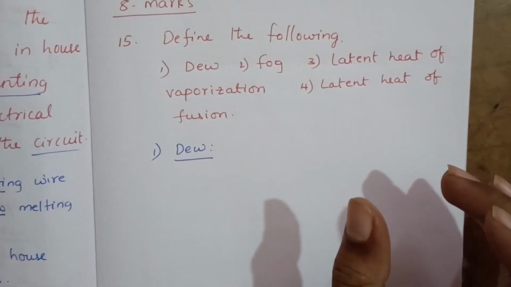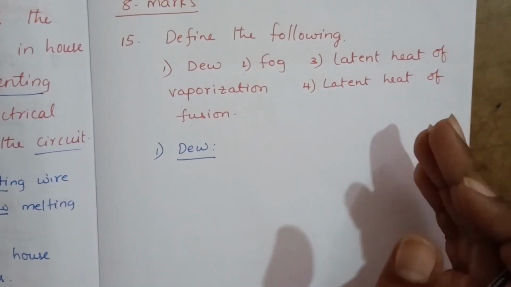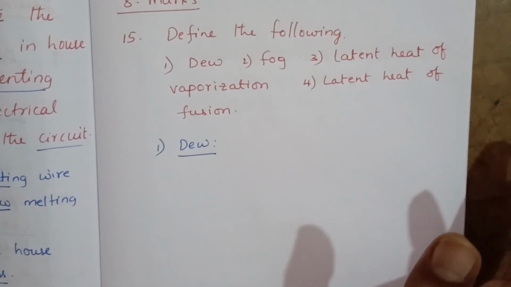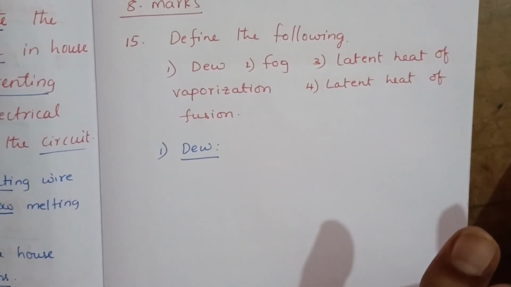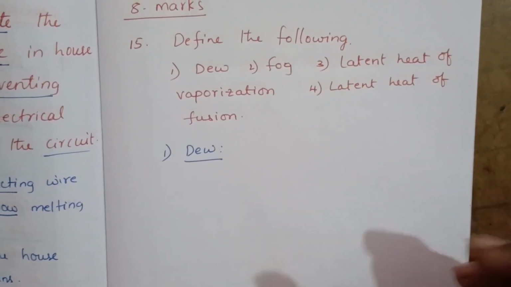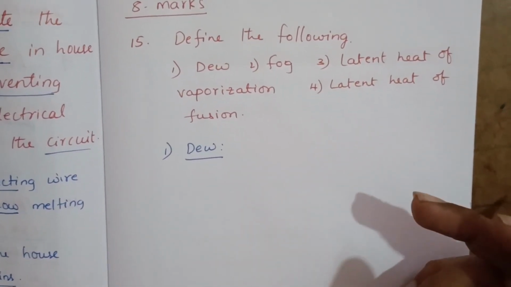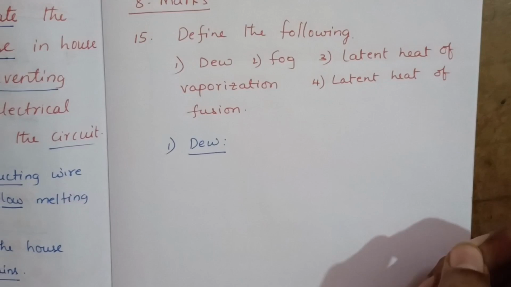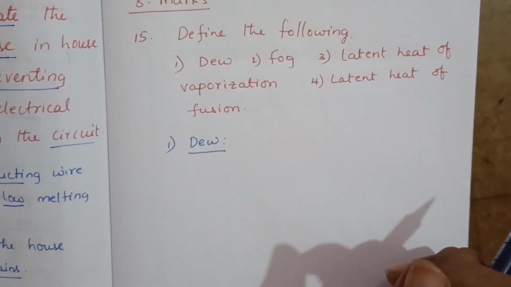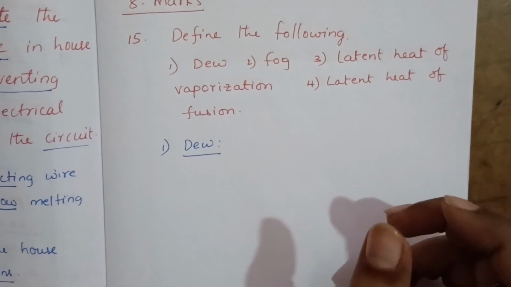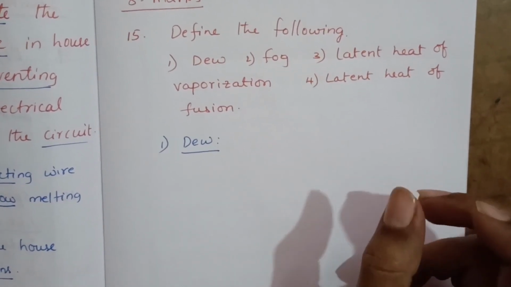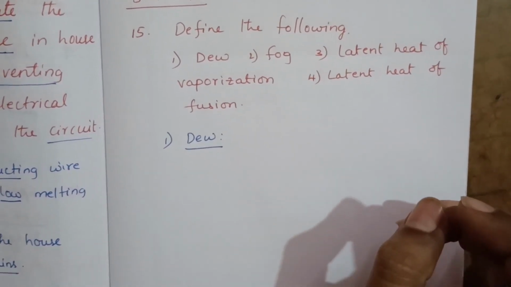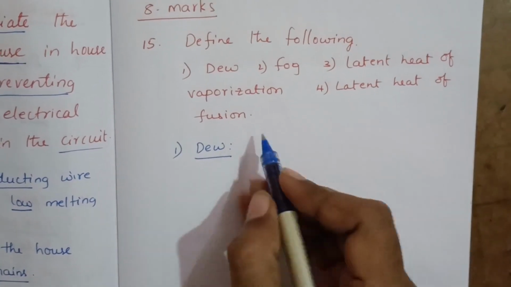Now the surfaces of window panes, flowers, grass, bikes, whatever we keep outside, become colder. Then the air near them becomes saturated with vapor and condensation begins. It starts to condense, so the saturated vapor is converted into water droplets.